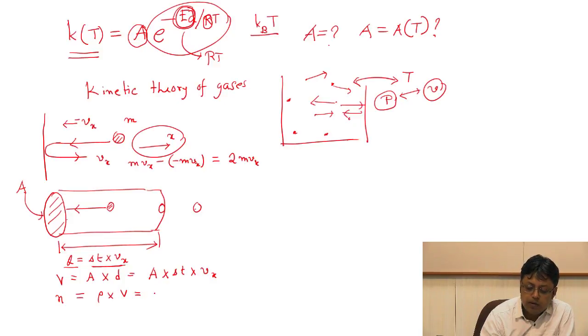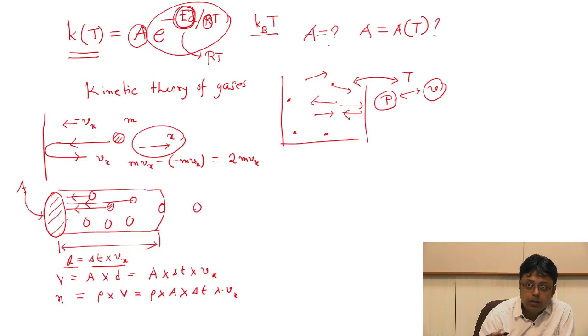Multiplied by the volume, it is the number of molecules within this cylindrical volume which will strike the wall within this time delta t, that is, rho times A times delta t times vx.